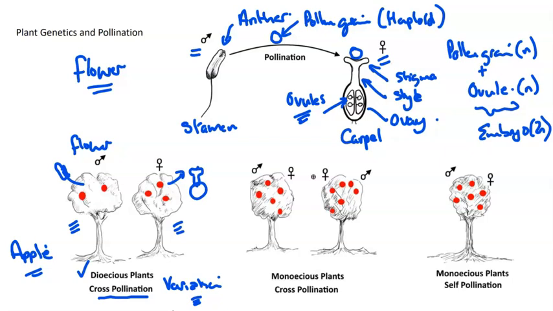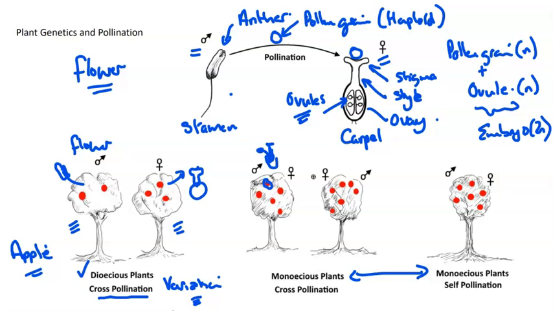The alternative strategy is what we call monoecious plants, and in a monoecious plant each flower has both male and female characteristics. It has both the stamen and the carpel within the single flower. So each of these red dots here represents a single flower with anthers and with carpels.